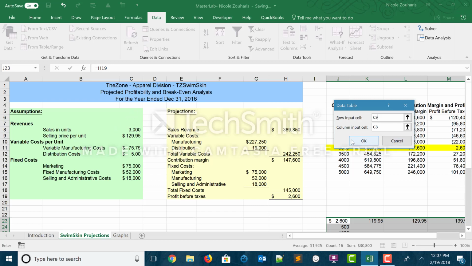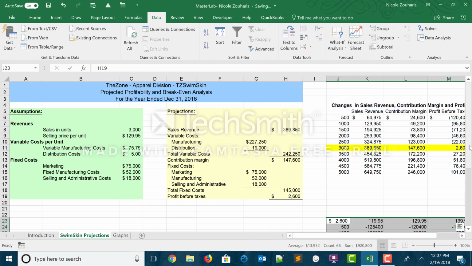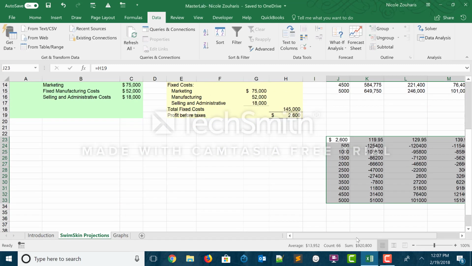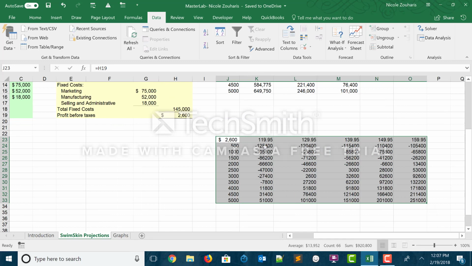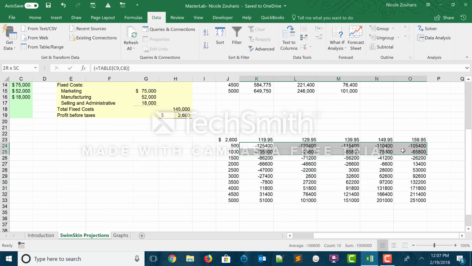And as you noticed last time, C8 was an absolute reference, but it doesn't have to be. And as you can see, I will get the values that I'm looking for when I press enter. I'm going to apply the same formatting that I did in the other table.